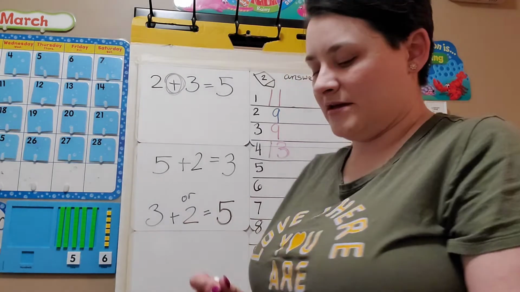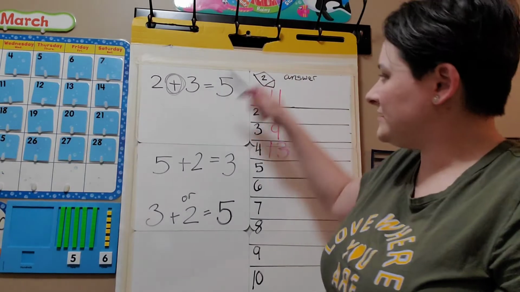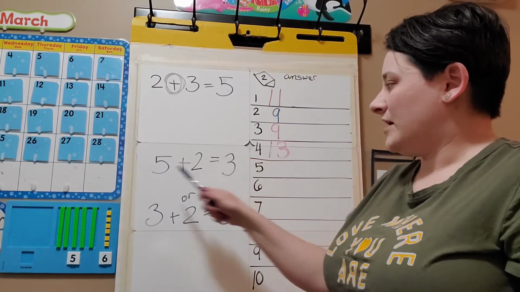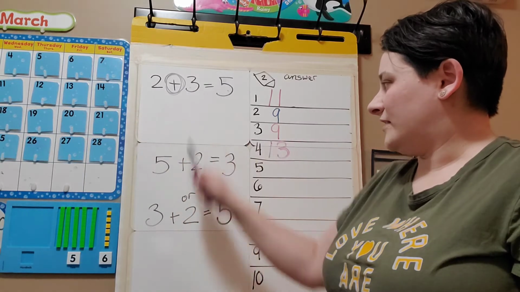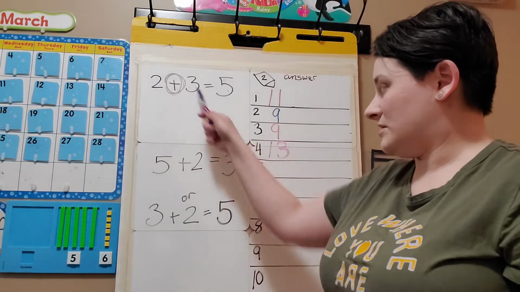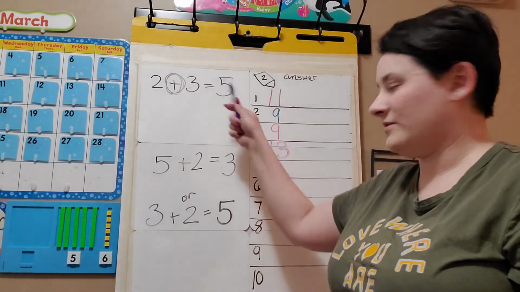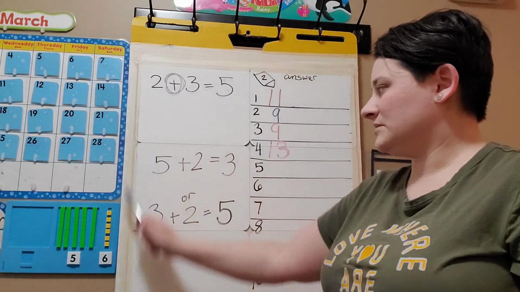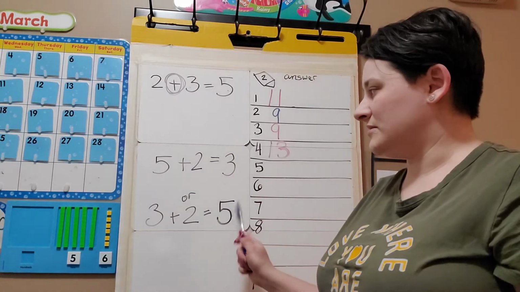So let's think. Related facts. If we're doing related facts, it means we're going to use all the same numbers. In here I see the 5, I see the 2, and I see the 3. I also see the 3, the 2, and the 5. But one of these is definitely not correct.